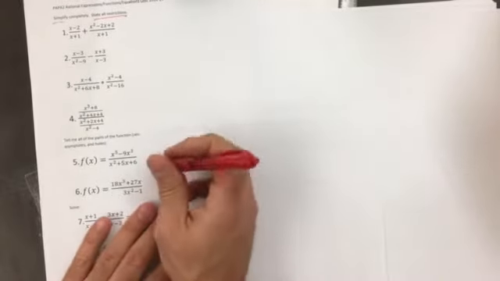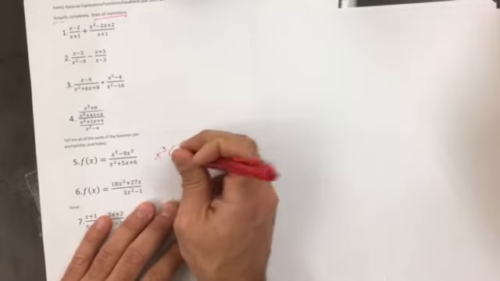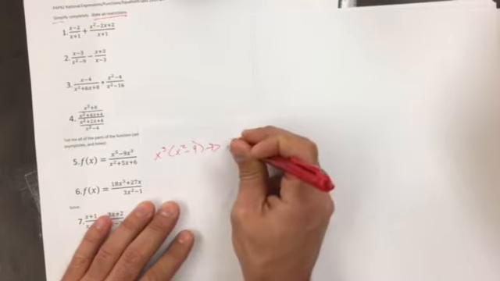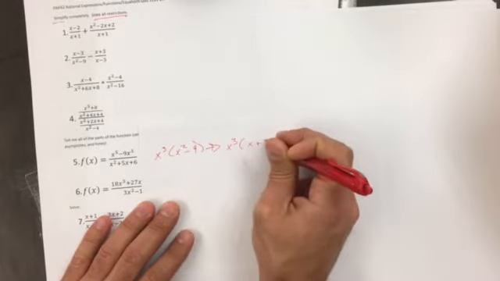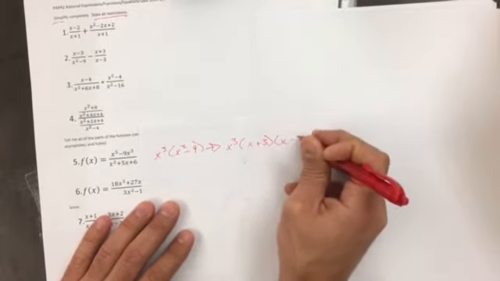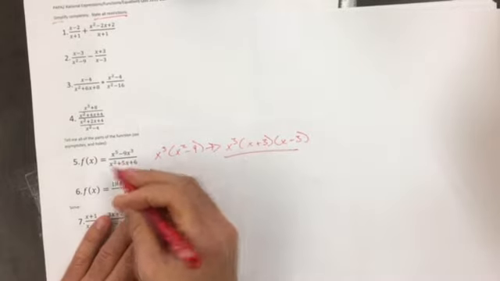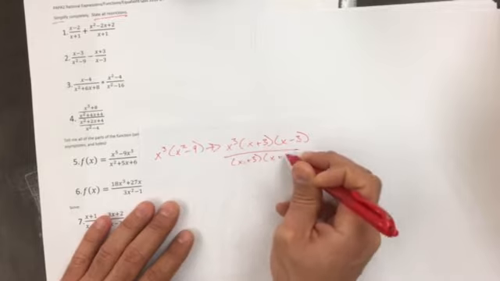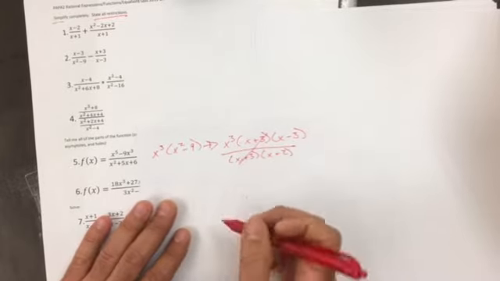Number 5, I need to factor it out before I start doing anything else. So it's going to become x cubed times x squared minus 9, which is going to become x cubed times x plus 3, x minus 3, over. This factored is going to be x plus 3, x plus 2. Those cancel out.